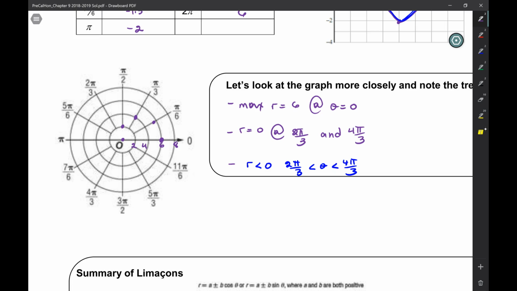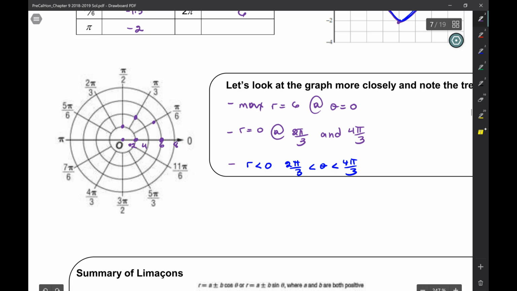Now, at 5 pi over 6, the radius is negative 1.5. So where am I going to go? The other direction, negative 1.5 here. At pi, it's negative 2, so I have to go here. Do you see how it's curling inside itself?